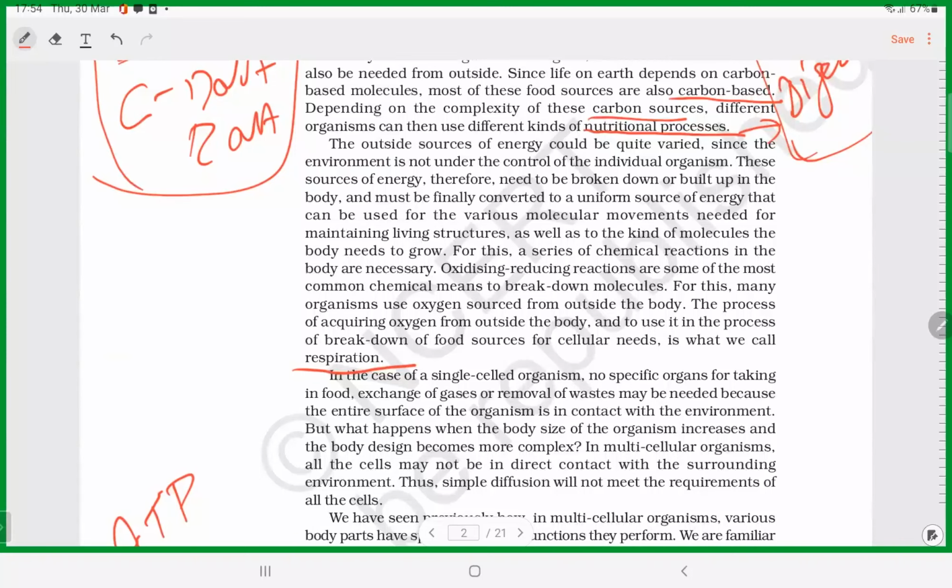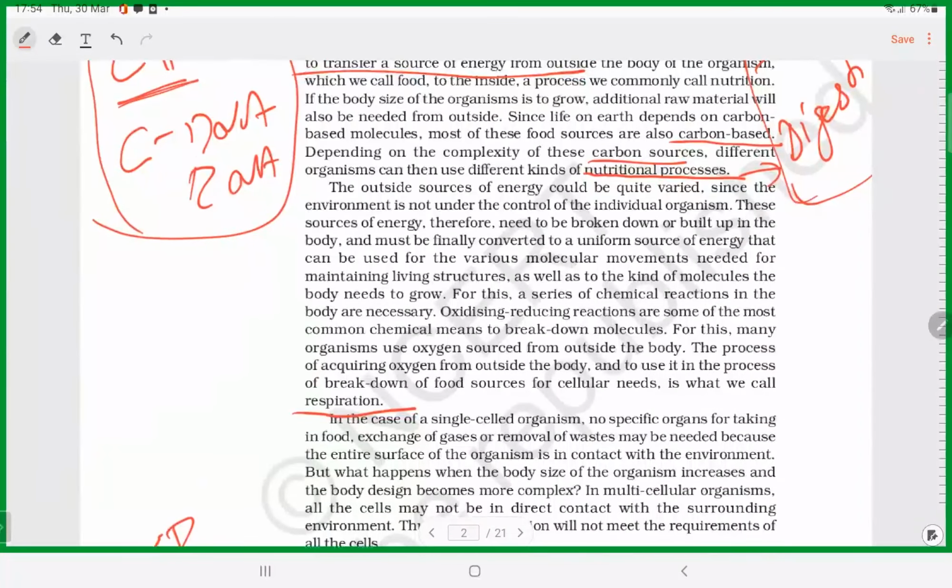Okay? This breakdown of food occurs only in the presence of oxygen. For the breakdown of these molecules, an oxidation-reduction reaction should occur. It means glucose is broken down and ATP is produced only in the presence of oxygen. If there is no oxygen, the cell cannot break down the glucose.